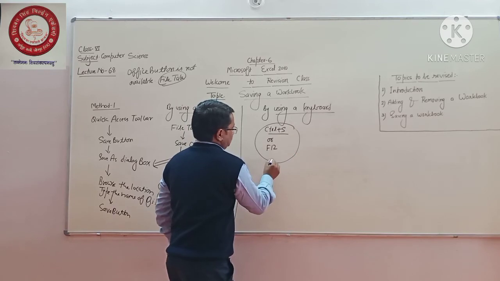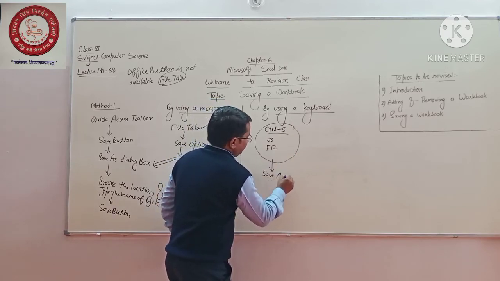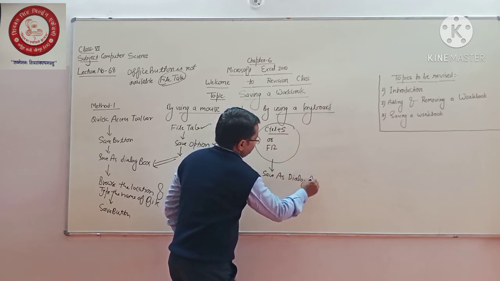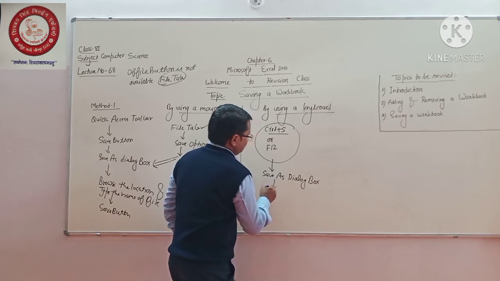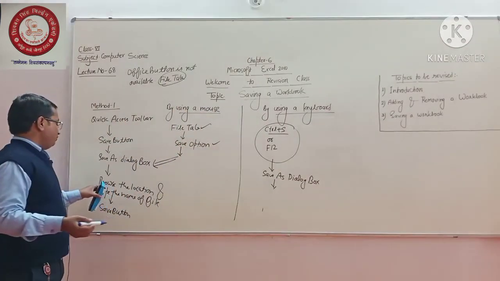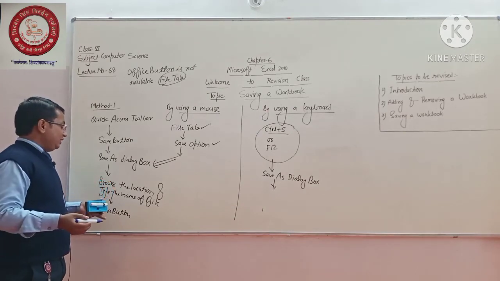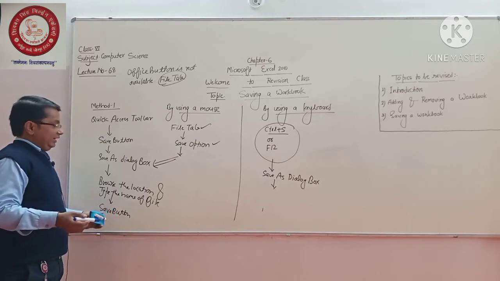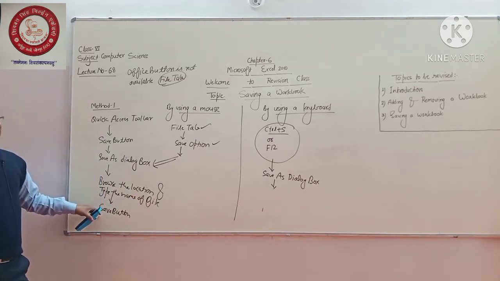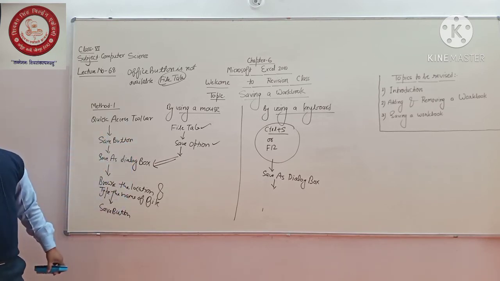Once it is done, you will get the Save As dialog box. Here you only need to perform two things. Number one, browse the location and type the name of your file. And once it is done, click on the Save button. So by using the keyboard, this is the method you need to perform.